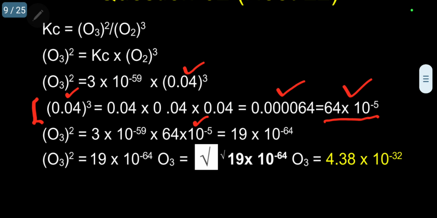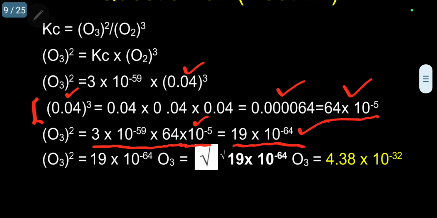So, what do we have to do now? If you calculate the entire value, multiply 3 into 64, you get approximately 19 into 10 to the power of minus 64. So O3 whole squared, this is the value.